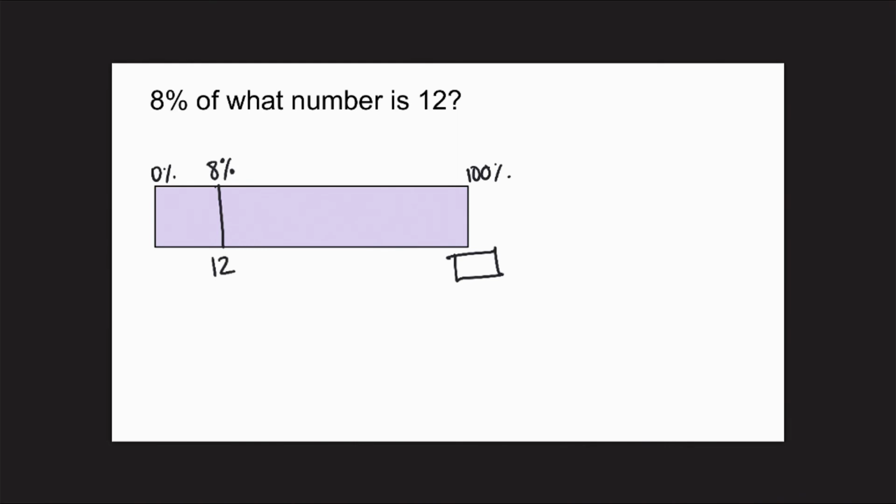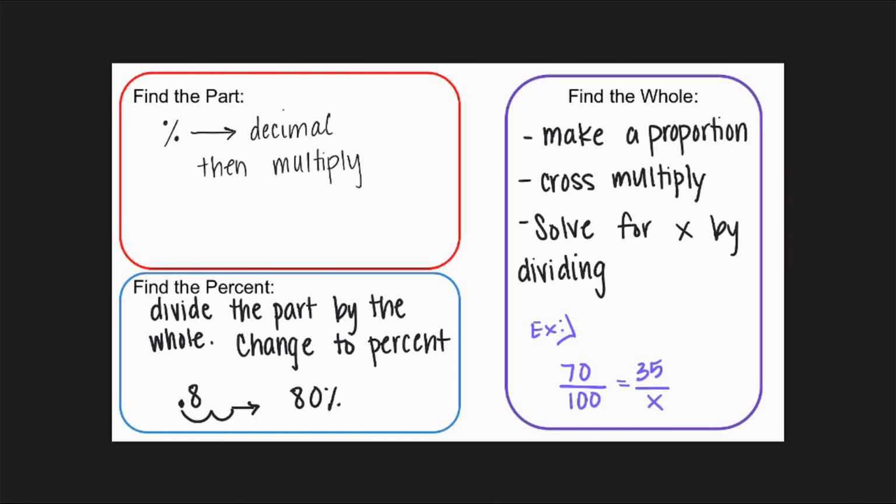So I have my percentages, I have my part, I need the whole, right? Looking back at our help page here, to find the whole we're going to make a proportion, and this is what a proportion looks like. We'll make a proportion, cross multiply, and then solve for x by dividing.